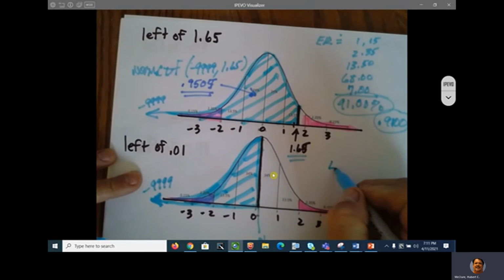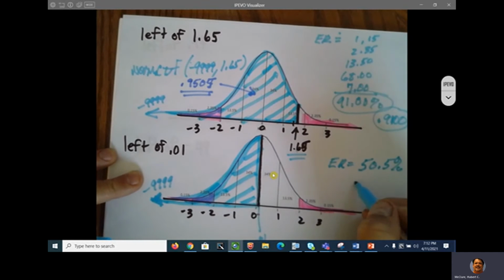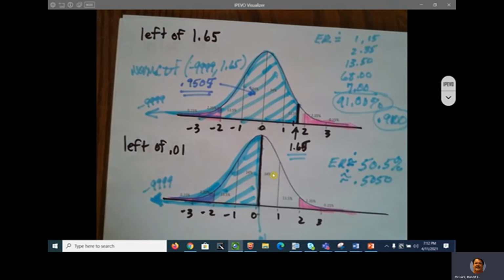By the empirical rule, I'm going to say it's 50.5%, or 0.5050. I'm just guessing because that's so small, it's going to be just a tad over 50%.